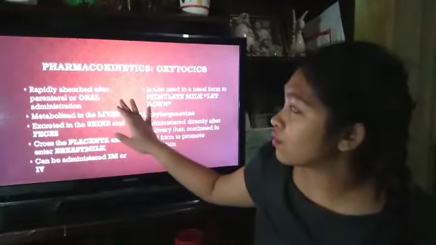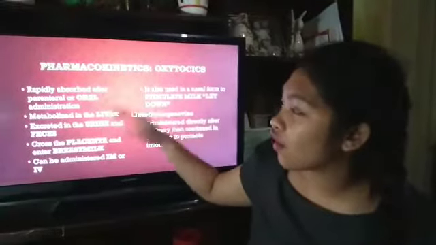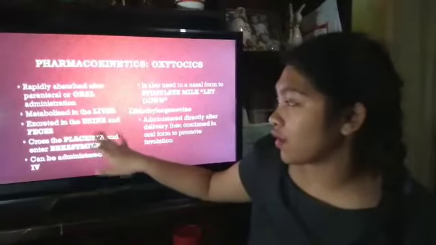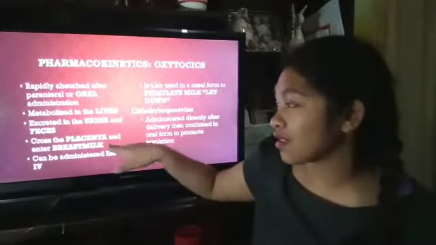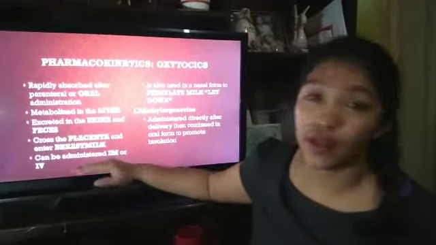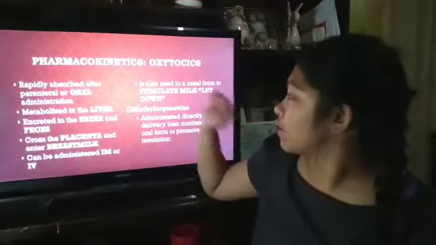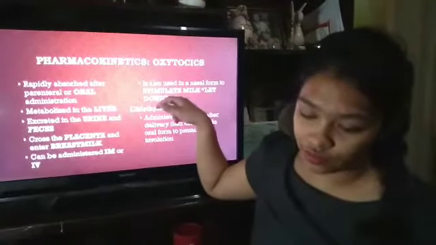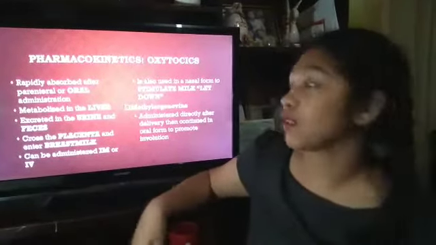Pharmacokinetics of oxytocin: it is metabolized in the liver and excreted in the urine and feces. It crosses the placenta and breast milk and can be administered intramuscularly or intravenously. It stimulates milk letdown, or when the breast pushes out the milk.